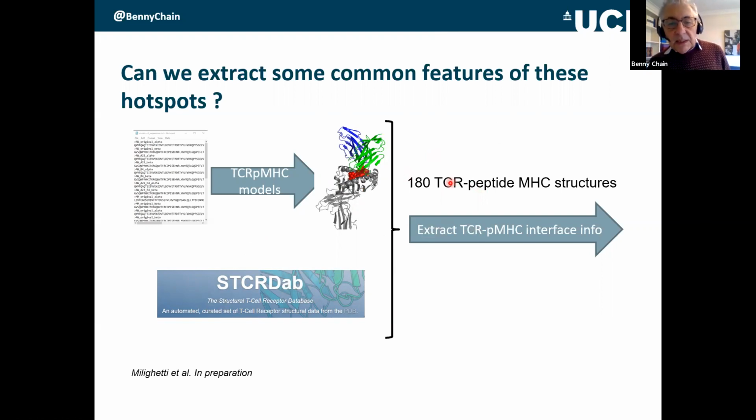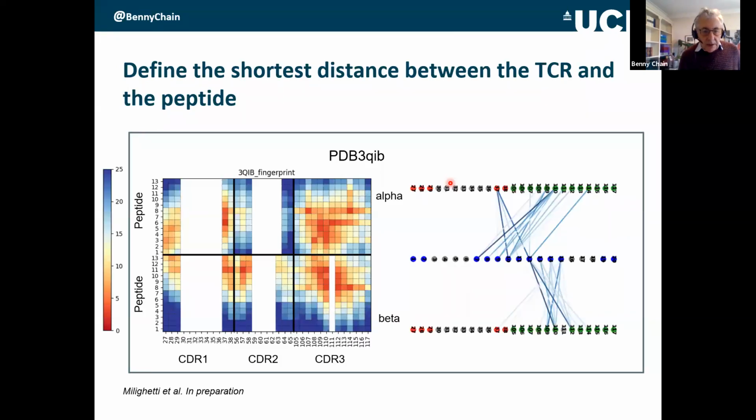And what Martina's done is to try and extract the interaction information between the TCR and the peptide MHC. And this is how we've tried to do it. Let me just explain this figure a little bit, this heat map. On the left, you see the peptide that is bound in the MHC.